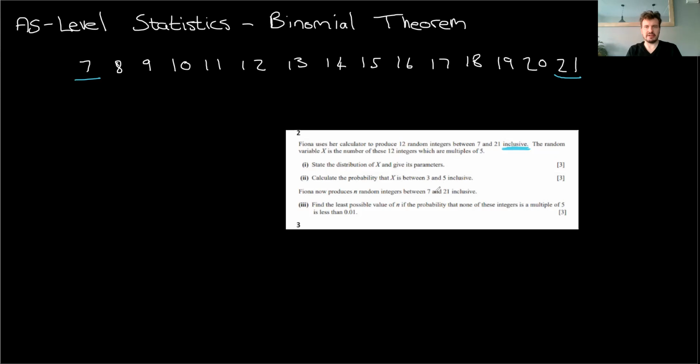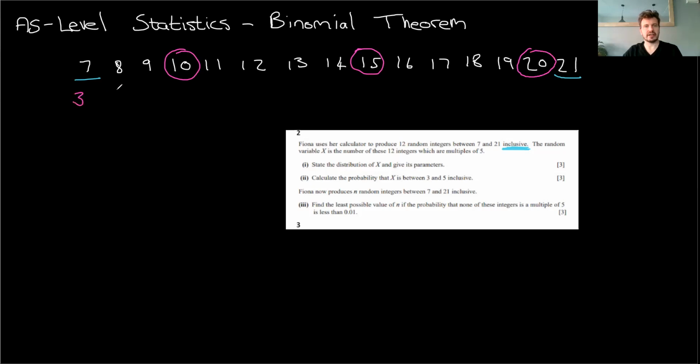Then it says the random variable X is the number of these 12 integers which are multiples of 5. What we can do is circle the multiples of 5, like that. So we know that 3 of these numbers are multiples of 5.